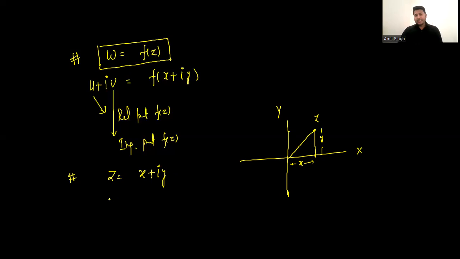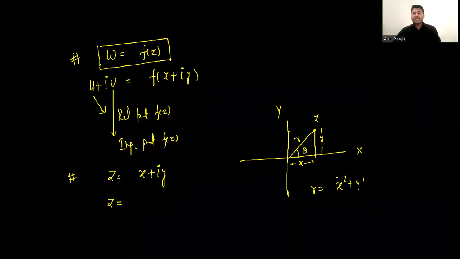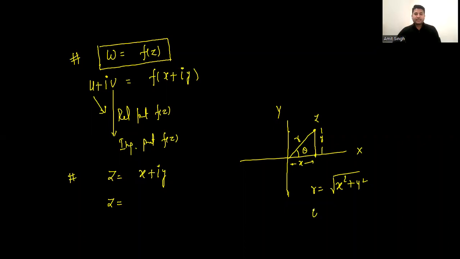The second thing: suppose this is an angle theta, and this is the distance r. By Pythagoras, r comes out as the square root of x square plus y square. And theta will be tan inverse of y over x.